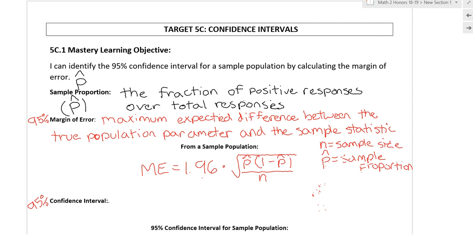If you're like, I don't care, I only want to be 10% sure, this number gets way smaller, right? So that changes. In this class, we're only dealing with the 95%, so it will always use that 1.96. Okay. If you go on to take like AP stats, you'll learn more about why we use what numbers.